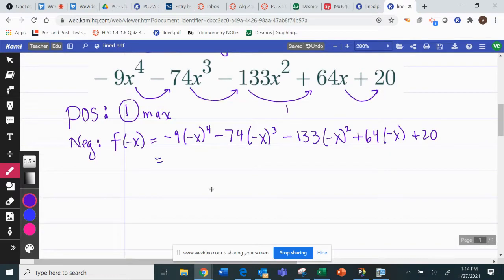I'm going to simplify that. Anytime we have an even amount of x, like x to the 4th or x squared, that's not going to change the sign of the number in front. If we have an odd amount, that will change the sign of the number in front.